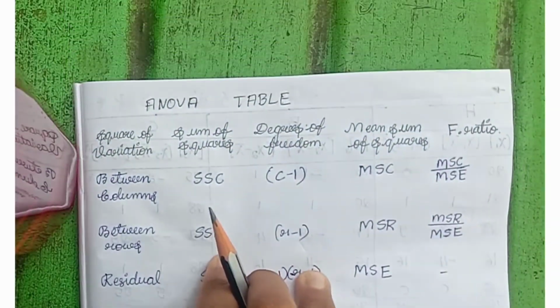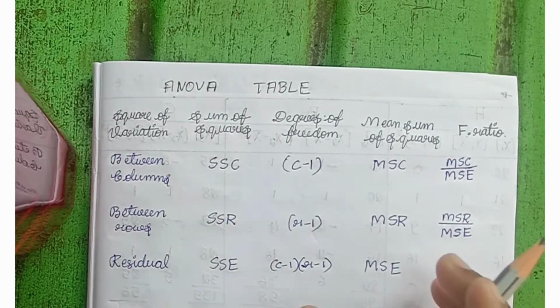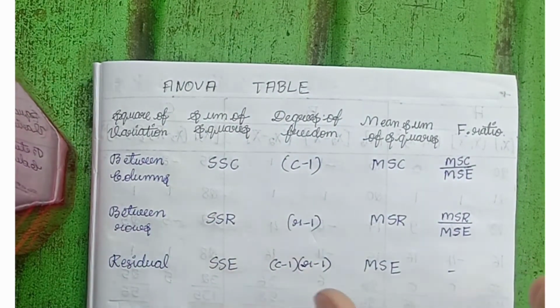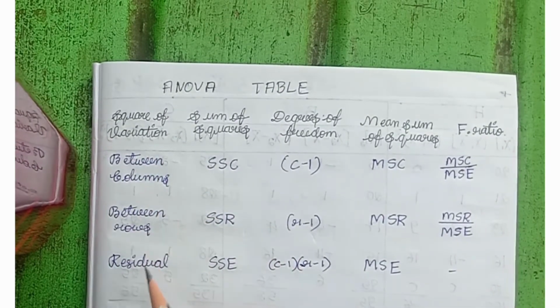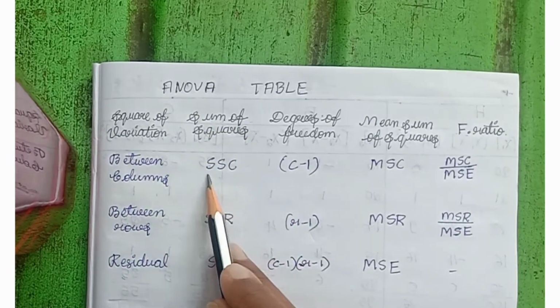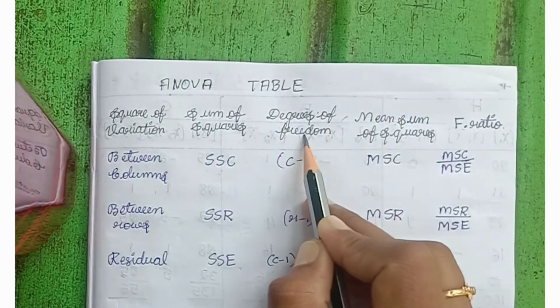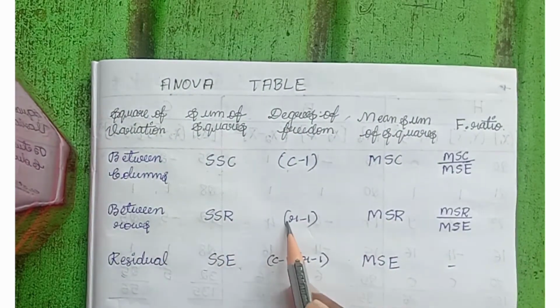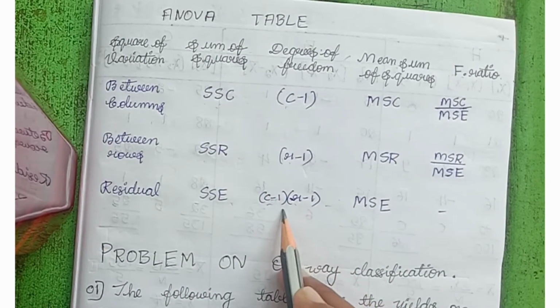And at the last, we have to present the ANOVA table. All the values we have calculated we have to write here. That is the variations between columns, between rows and the residual. So under the heading of sum of squares, we have to write the SSC value, SSR value and SSE value. Degrees of freedom, C minus 1, and for rows R minus 1. For the residual, we have to multiply both and write the answer.